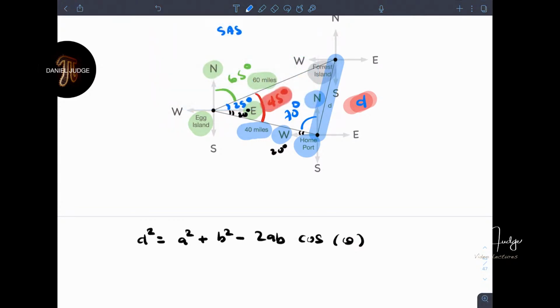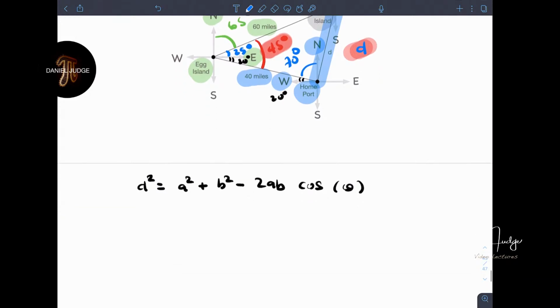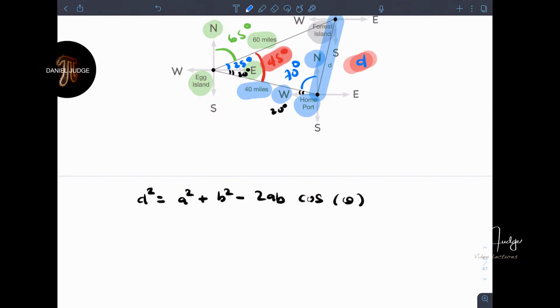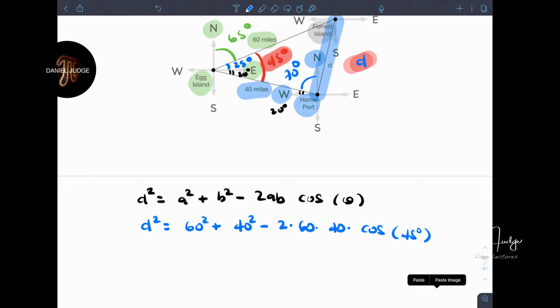And the 60 and 40, these are the legs in law of cosines. So in law of cosines, d squared will be 60 squared plus 40 squared minus 2 times 60 times 40 times cosine of 45 degrees.